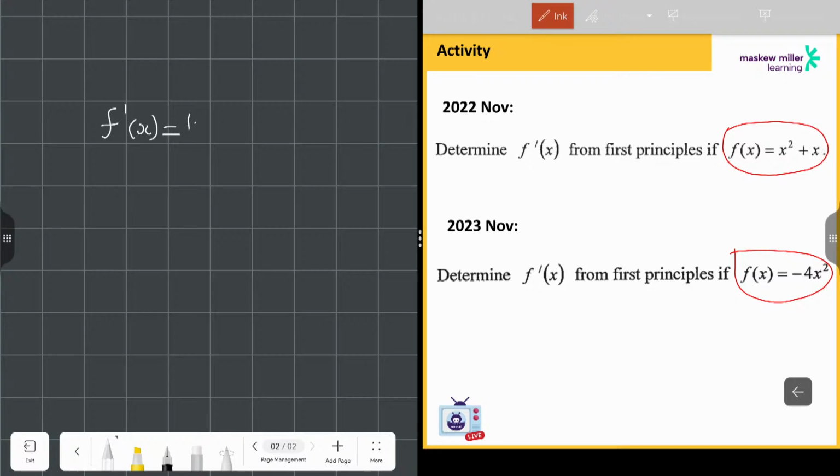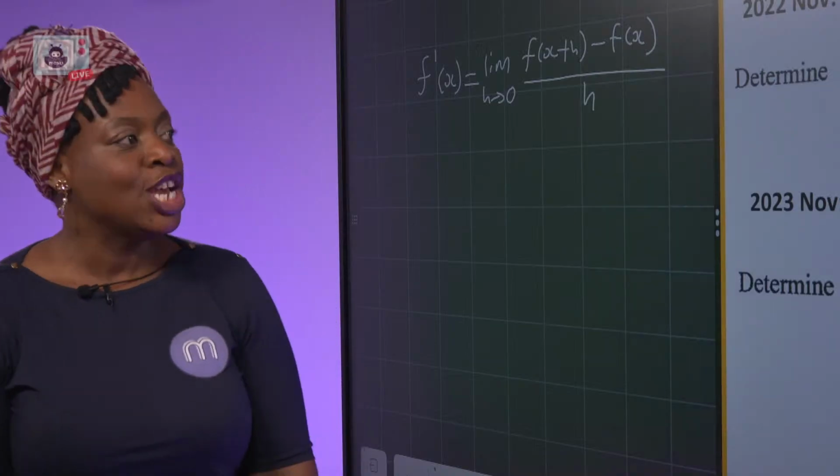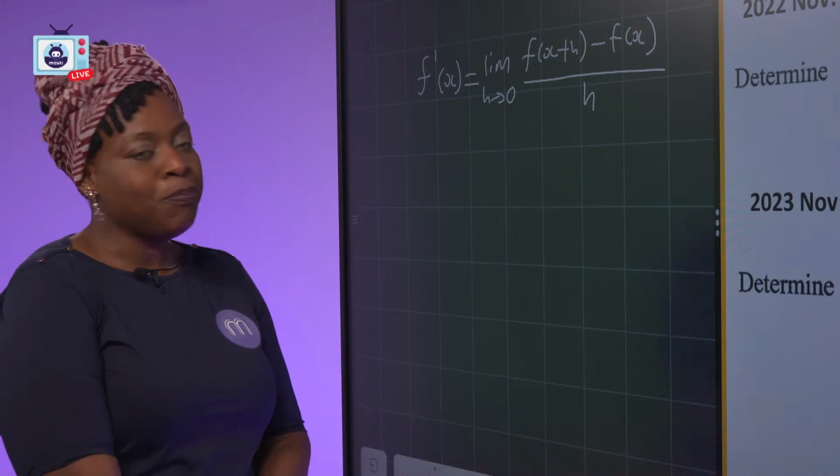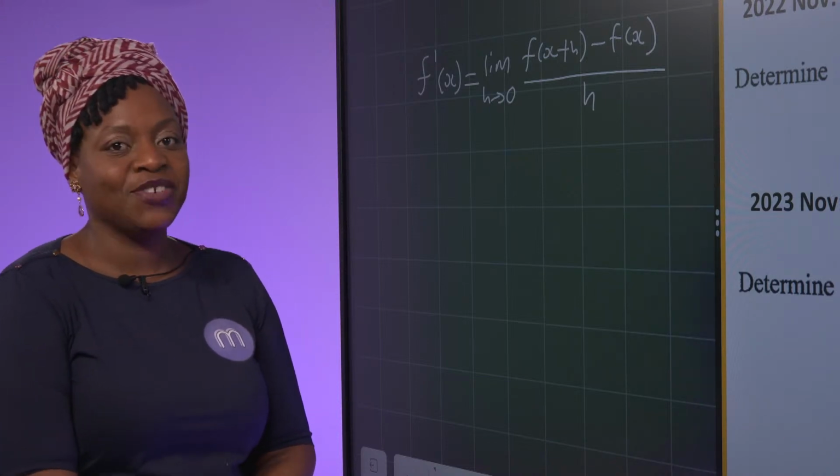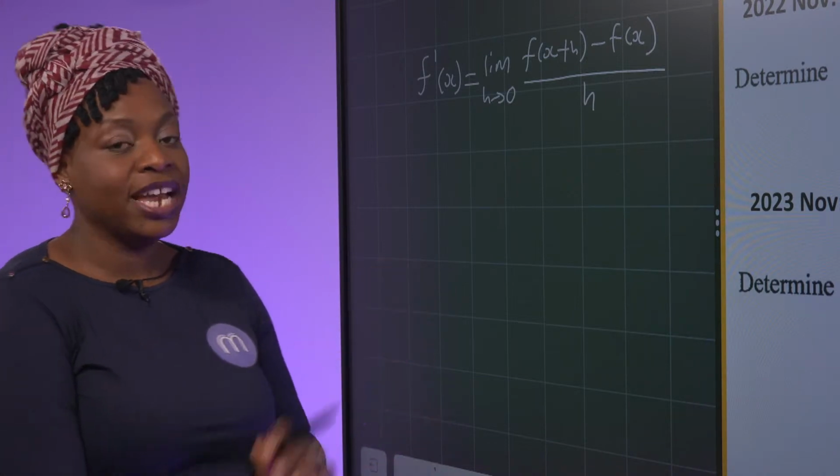So that is equals the limit as h approaches 0 of f of x plus h minus f of x, all divided by h. So that is the formula we are talking about. And as I give you 2 seconds to write it down, wrap it up, I will be waiting for you to make sure that you get to the answer.